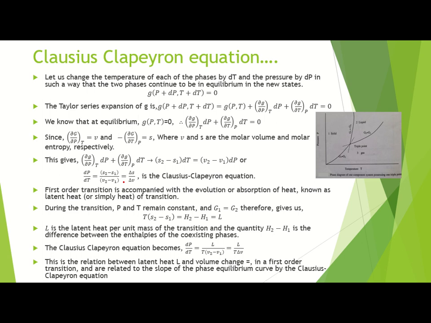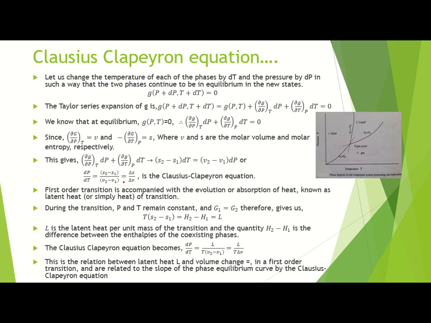So another thing we can introduce here is the concept of latent heat. When we have G1 equal to G2, and let's say we are maintaining that at the same pressure and temperature, we're not changing it. So what will happen? Basically, if we take G as H minus Ts, G1 will be equal to H1 minus T times S1, because temperature is constant. Similarly, G2 will be equal to H2 minus T times S2.